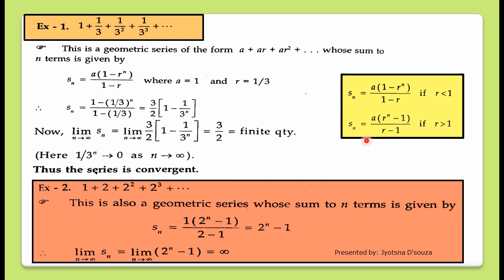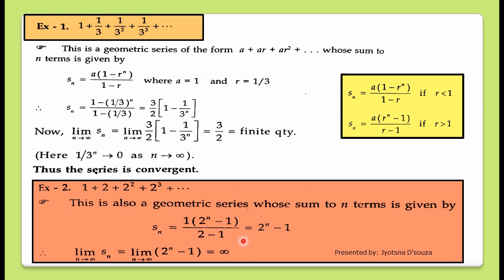Whenever r is less than 1, Sn is found by using the first formula. When r is greater than 1, Sn is found by using the second formula. So we apply here the second formula: a is 1, r is equal to 2, so 2 to the power of n minus 1 divided by 2 minus 1. On simplifying, I get 2 to the power n minus 1.